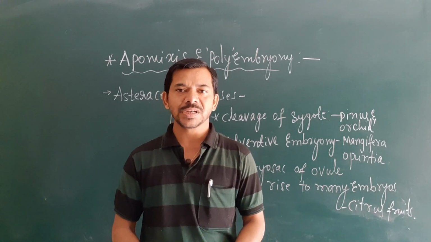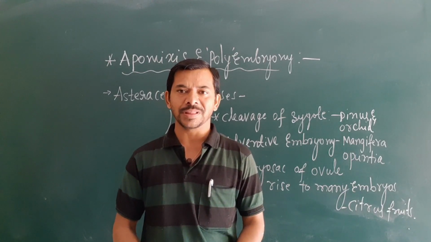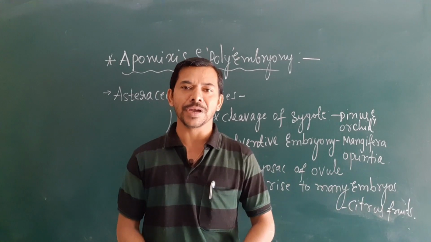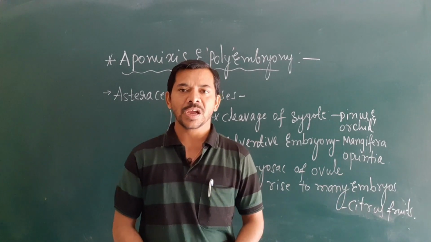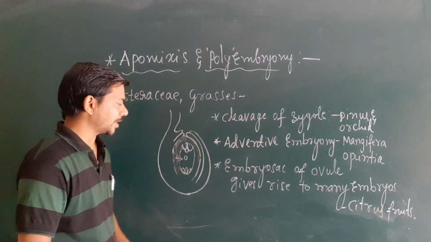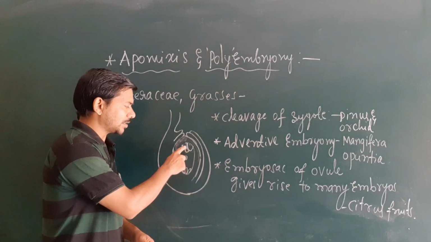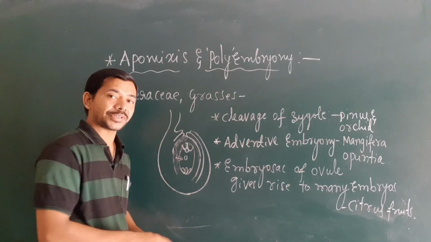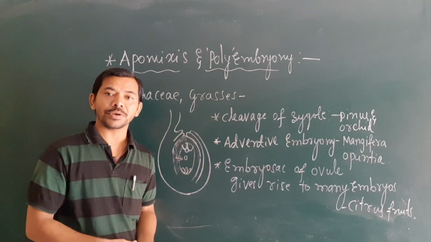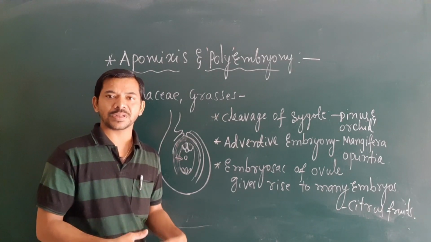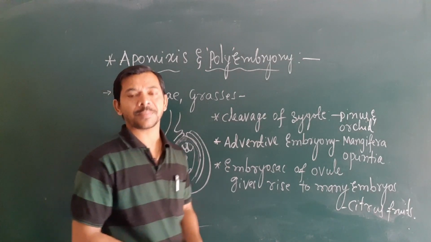The best and easiest method is polyembryony, which helps in the plant breeding process. We have studied that synergid cells and antipodal cells are also involved in producing embryos, where haploid embryos are formed.